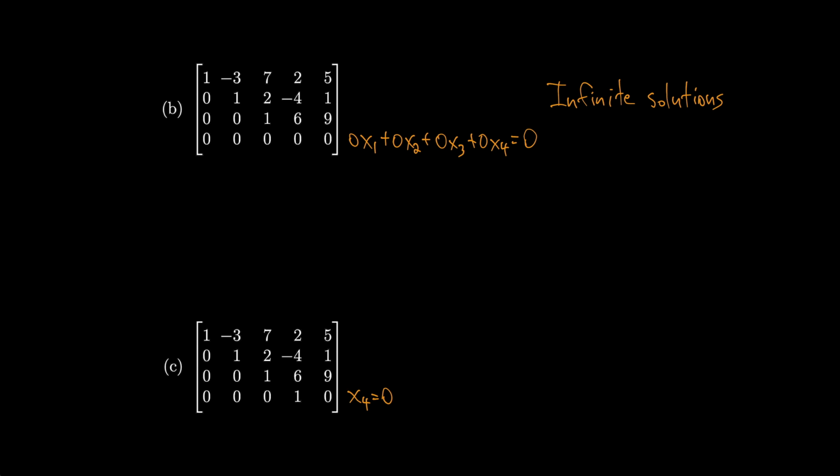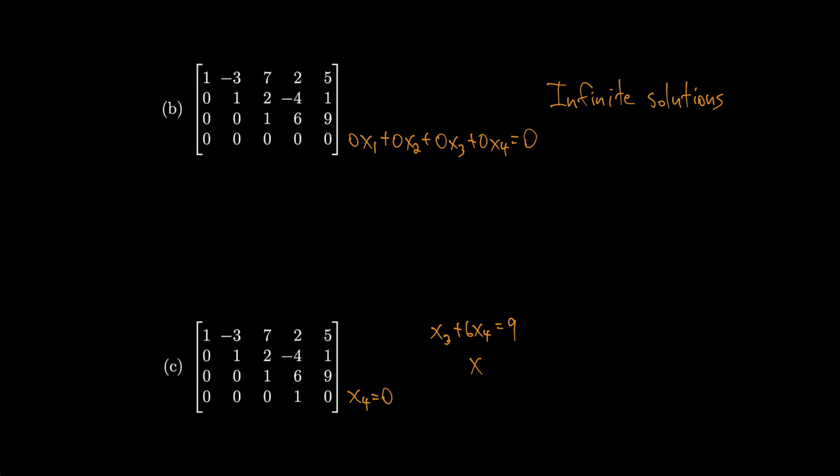But we have x3 plus 6x4 equals 9 from the second to last equation. Okay. So x4 is 0.